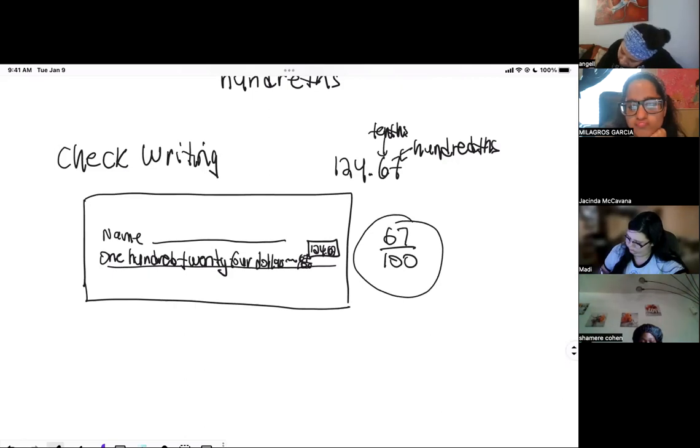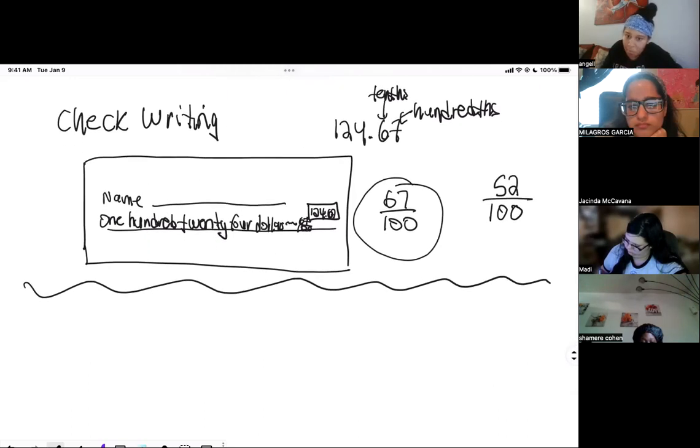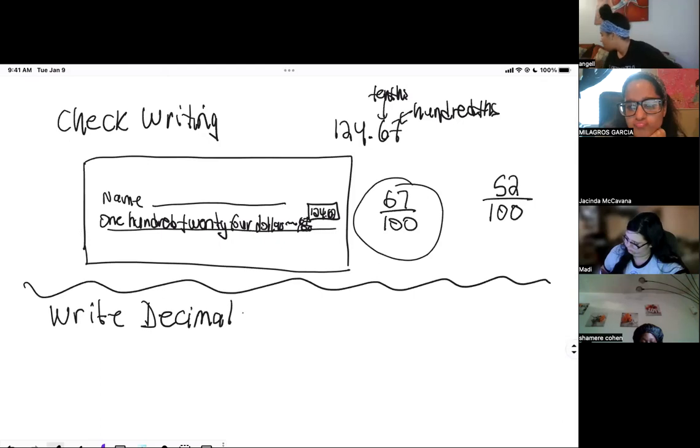So cents is really over 100. So if you have like 52 cents, you really have 52 cents out of a dollar, or out of 100, hundredths. Very interesting, the connection. Okay, so now I want to take that segue and we are going to write decimals as fractions, so we can practice that.